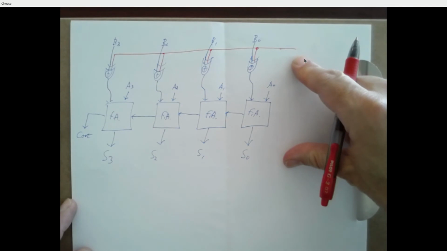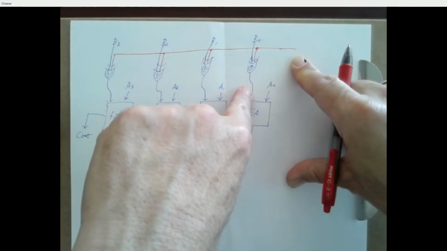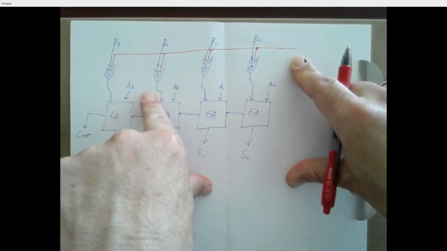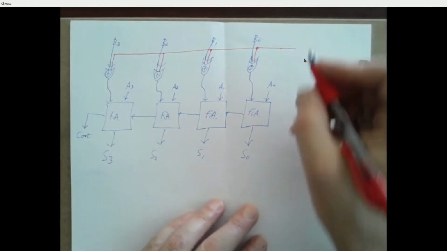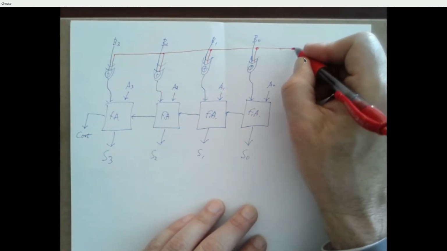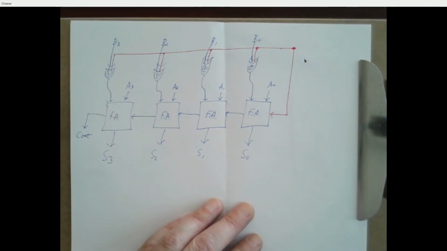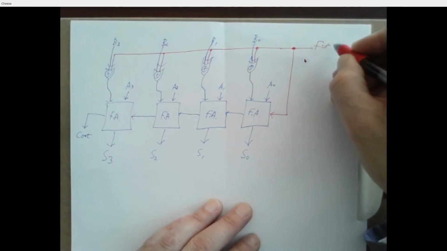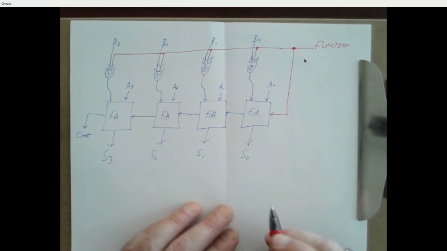So if this line is a 0, this is just taking B0 and passing it to the output. B1 gets passed to the output, B2 gets passed to the output. And I'm just passing B into here. And I'm also going to take this line, I'm going to feed it to the carry in on this first full adder. And so I'm going to call this function. And here's what function does.